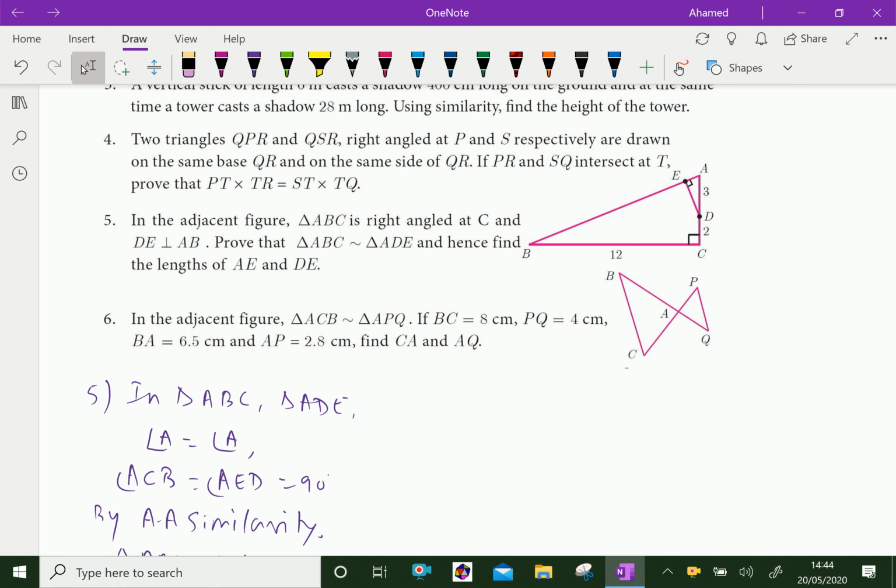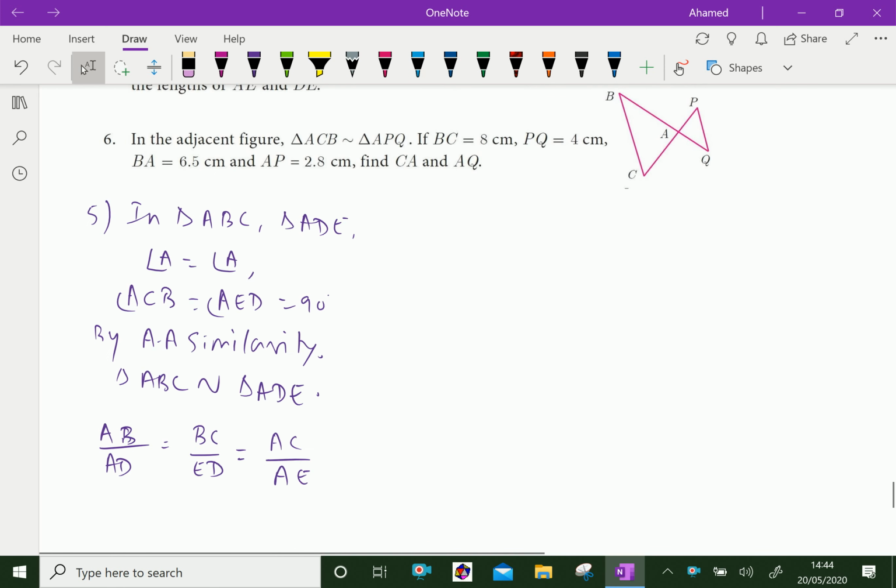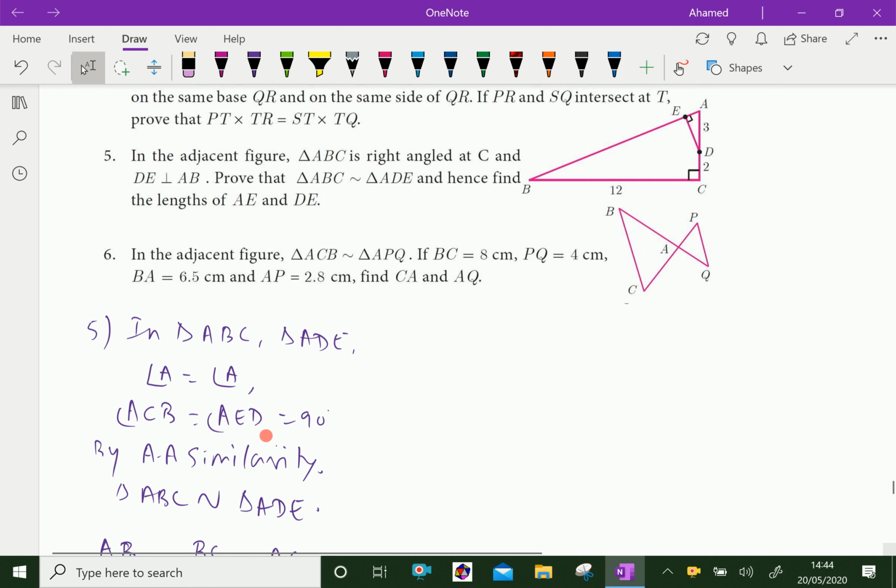Now let us put the values. We know that ABC is a right triangle, BC is 12 and AC is 5. So 12 squared plus 5 squared is 169, and AB is the hypotenuse, which is equal to the square root of 169, that is 13.